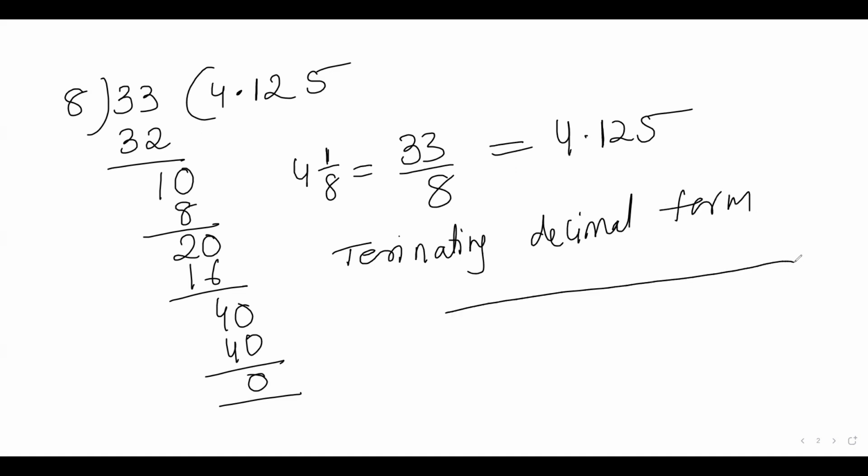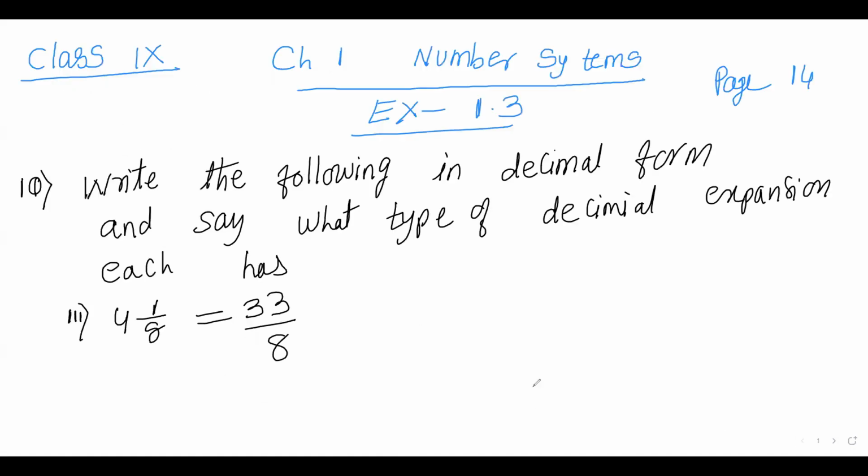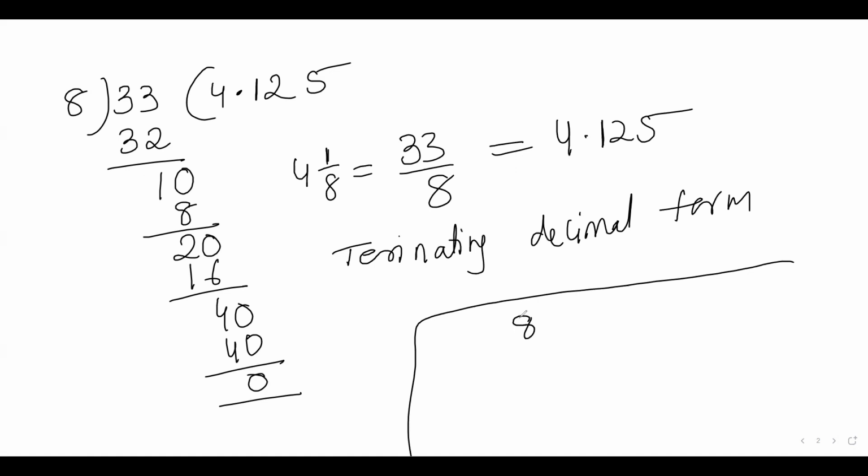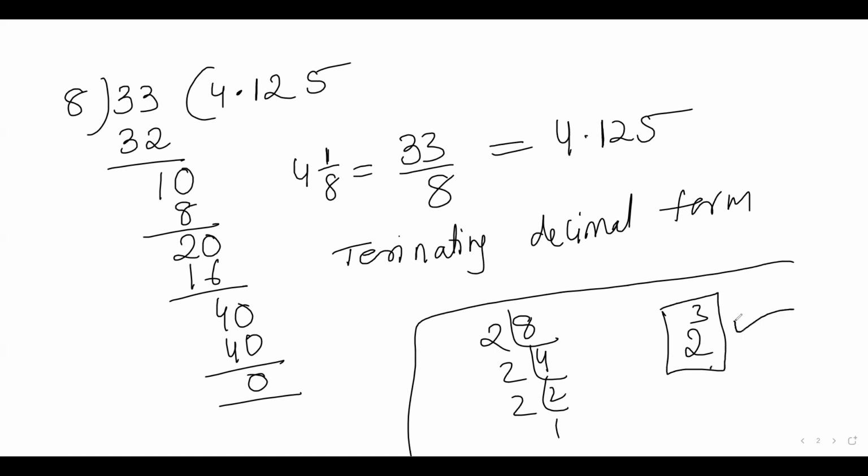So for your information, the denominator is 8. When you factorize the denominator, 2 4s are, 2 2s are, 2 1s are, we are getting all 2s. So when you have 2s in the denominator, you will get a terminating decimal.